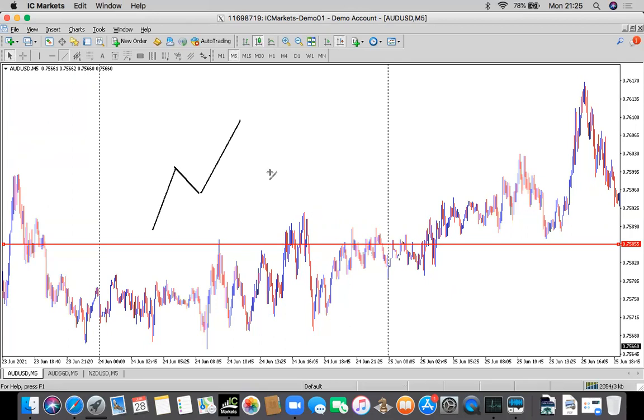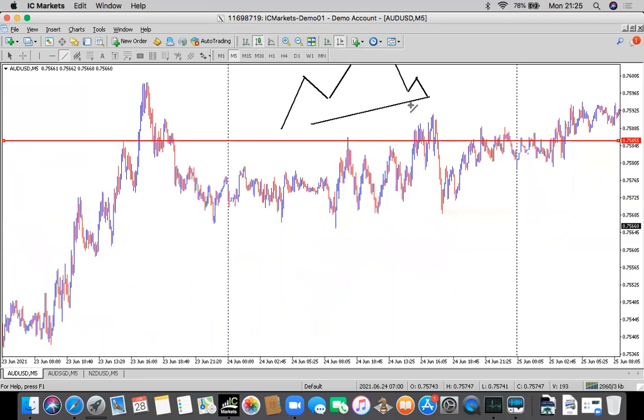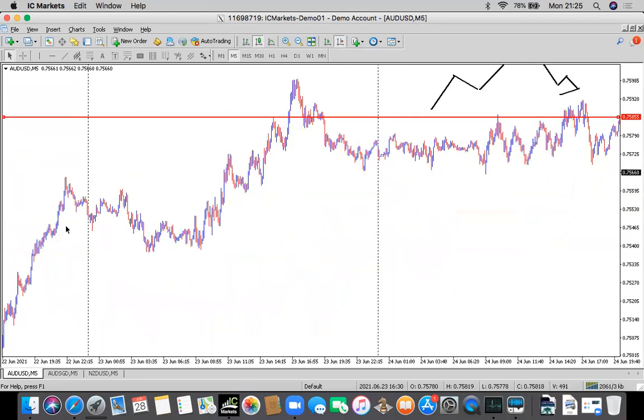And for a W pattern, we go this way. Pullback. Now break off the low, which can be either on AUDUSD or AUDSGD. Remember, London session and the New York session, and a break up.